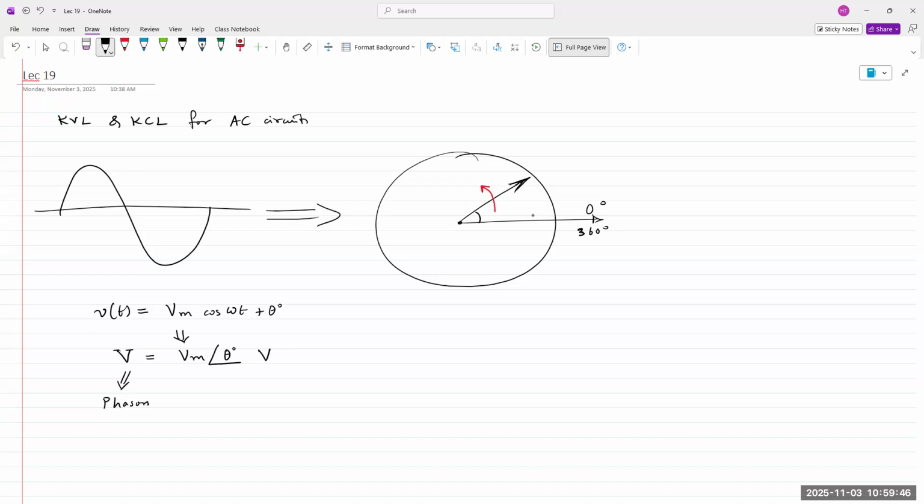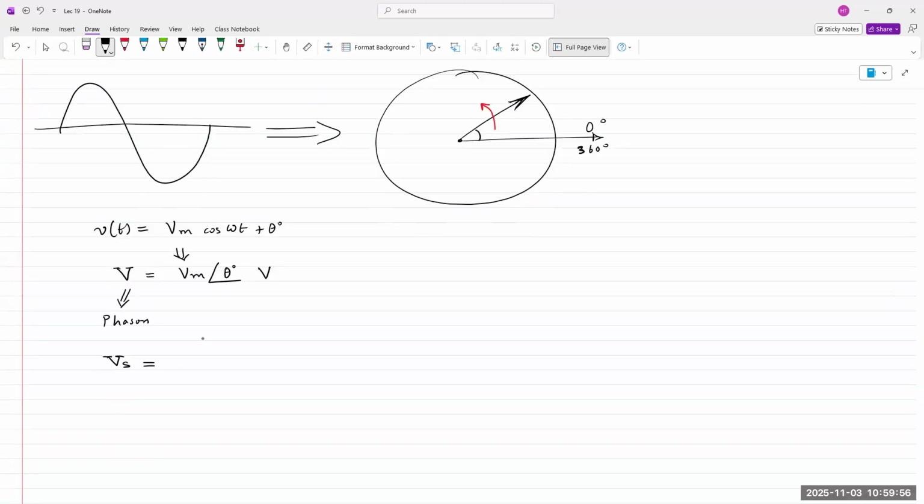So when we apply KVL and KCL, let's say we have our vector for the source Vs, and then we have ZL plus ZC, meaning the inductor impedance and the capacitor impedance. And we are trying to describe the voltage across the inductor and the voltage across the capacitor. So let's say VL plus VC.